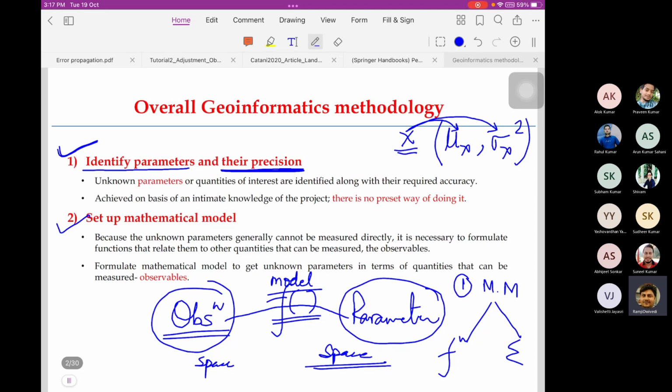The mathematical model which we are talking about is that once you know the functional model, the moment you have written the functional model, that means once you have formed the model space, immediately, without any second thought, you have to form the stochastic space or a stochastic model, how the errors would behave in the parameters.